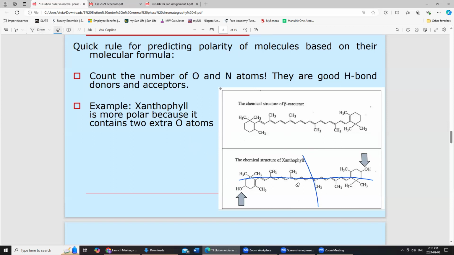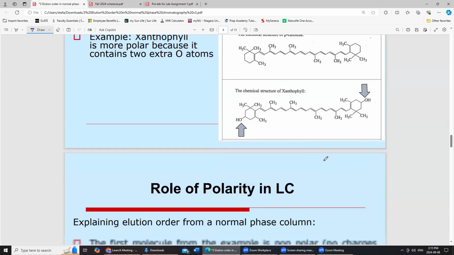Then you're going to get a buildup of charge on one side, so negative up here, which won't be balanced perfectly by a negative over here. So you'll tend to get a side of the molecule that is more negative and one that is more positive. And so this makes it more polar because it's able to do those hydrogen bonds.